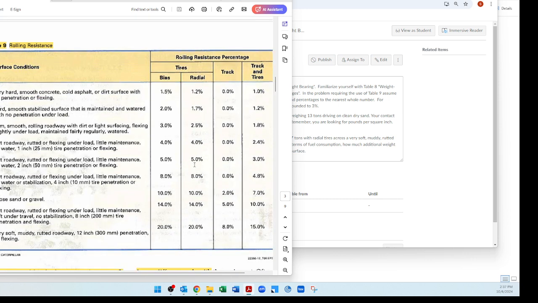Now, let's find that surface area. Right, very soft, muddy, rutted roadway, 12 inches of penetration, no flexing. That's what we have. And if we have a radial tire, they don't care. They're both the same. So we have 20%. So we would take the 54,000 multiplied times 1.20, and that would give us 64,800 pounds.